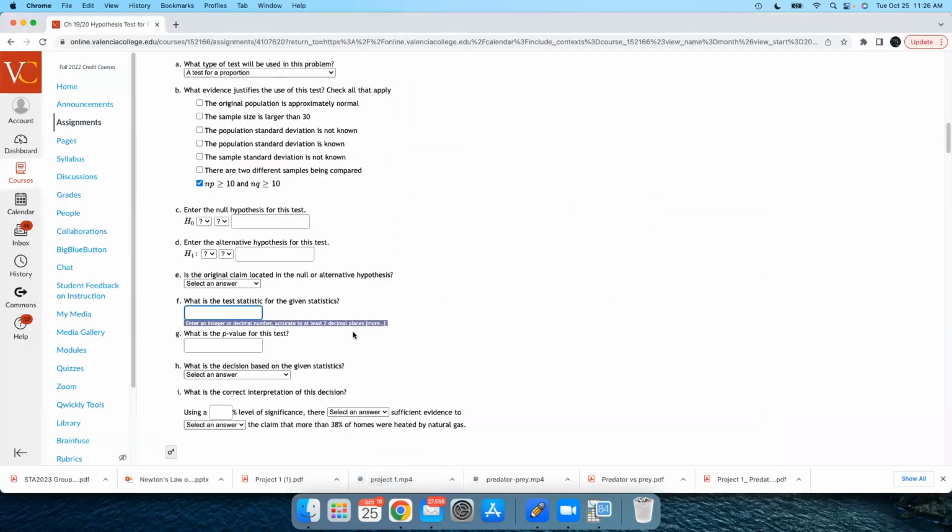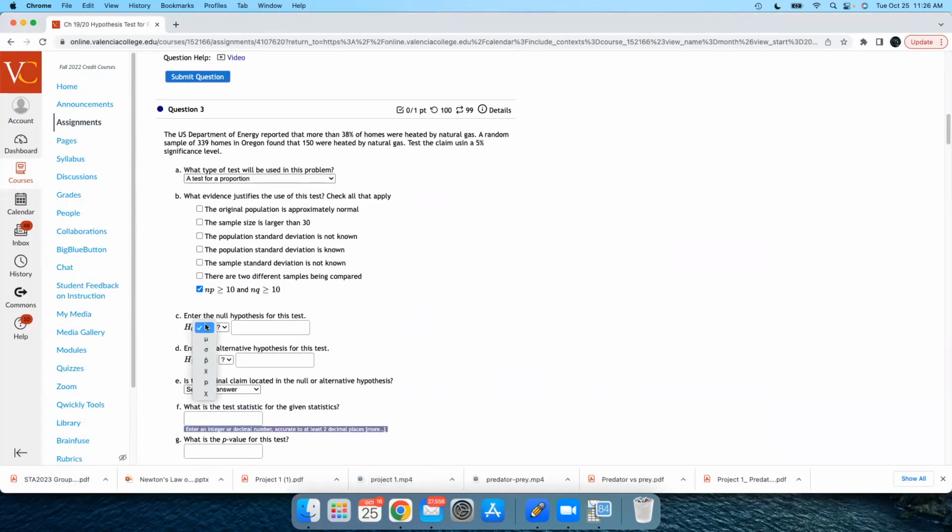All right, so now how do we fill in all of this? We got all these choices here. On test 4, when we're doing means, it's going to be that guy. For every single problem, mu's. We don't have any mu's here. We only have p's. And this one's always going to be equal, and that was 0.38.